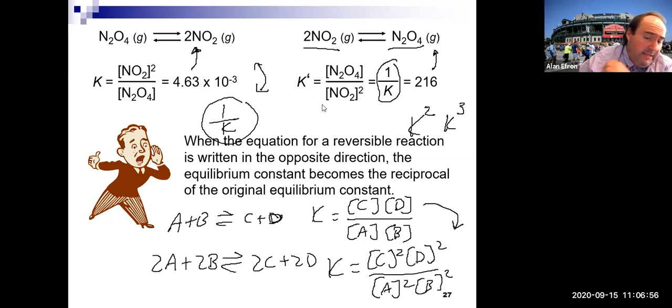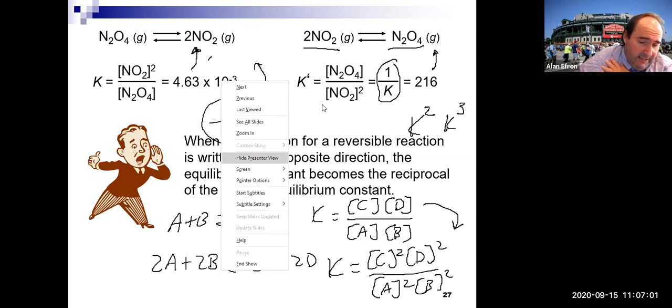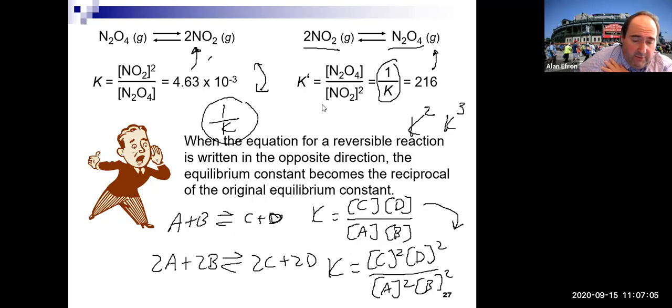The other common thing that you sometimes do is the opposite of multiplying, which is dividing. Sometimes maybe you're given the one with 2, and you say, I don't really need 2, I need just 1 of everybody, and that would be going this way. If you divided everybody by 2, we would go from this K value to this K value.